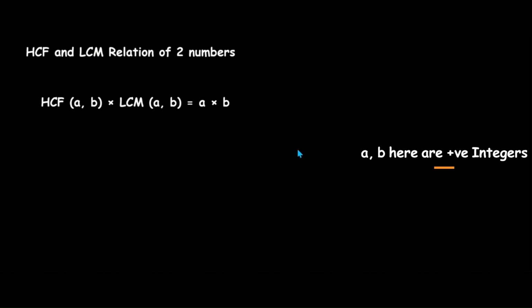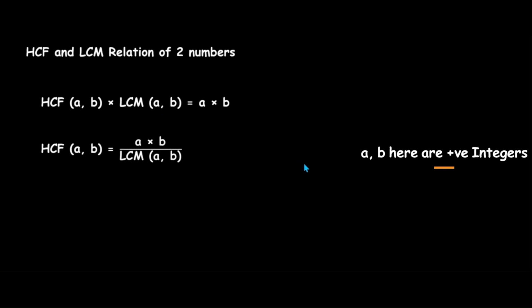We just saw a few of the variations when it comes to calculating the HCF and LCM, some unique cases. Irrespective of all those conditions, for any two A and B, if we calculate HCF and LCM and multiply, that would always be equal to the product of those two numbers themselves, A and B.